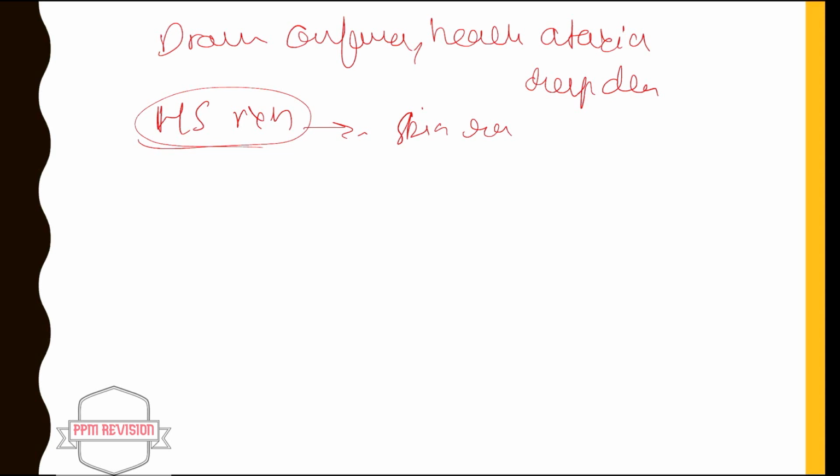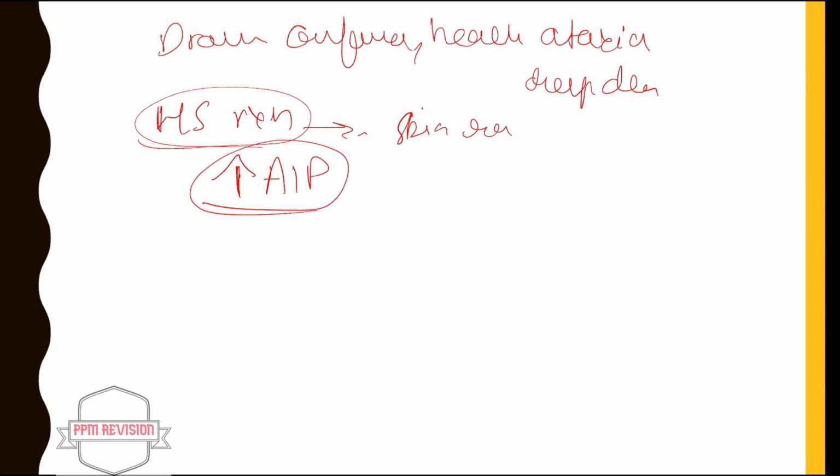So that's it. Wait, it precipitates acute intermittent porphyria by inducing ALA synthase. This is also important: it precipitates attacks of acute intermittent porphyria, so it increases the chances of AIP. This is important to know.